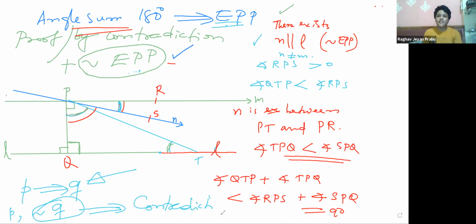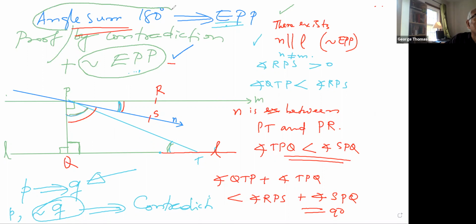Less than 180 degrees. Whoa, that contradicts this. Therefore, our assumption is bad. Therefore, we have proved EPP. Are you with me? Yes, sir.